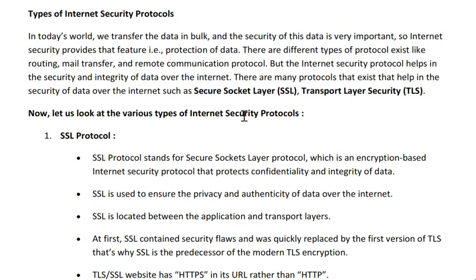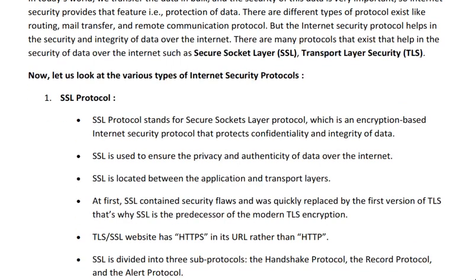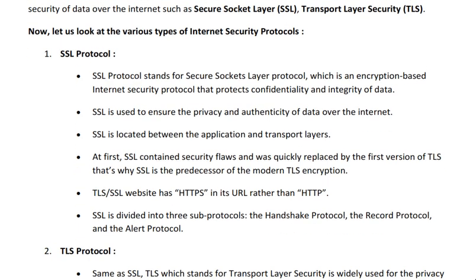There are many protocols. A protocol means particular conditions or particular rules that are applied, and that help in the security of data over the internet, such as SSL and TLS. Let's learn in more detail about Internet Security Protocols.